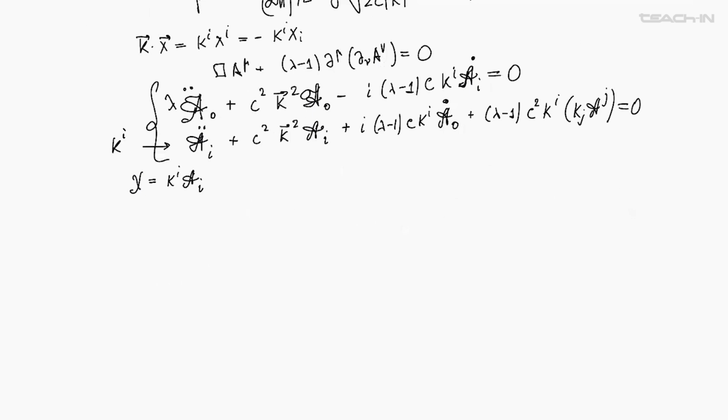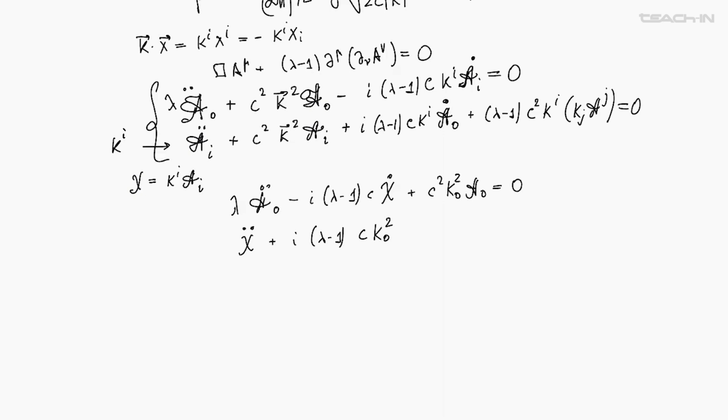Lambda curly A0 double dot minus i (lambda minus 1) c k0 squared chi dot plus c squared k0 squared A0, I will tell you what is k0 in a second. And the second equation will be chi double dot plus i (lambda minus 1) c k0 squared A0 dot plus lambda c squared k0 squared chi is equal to 0.